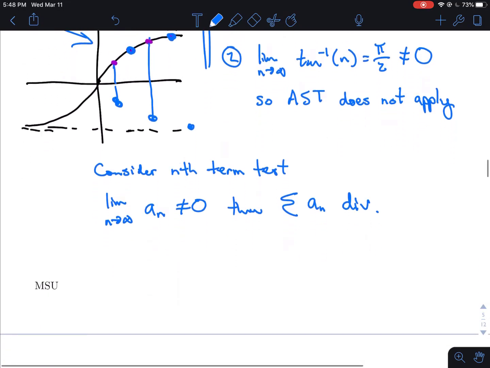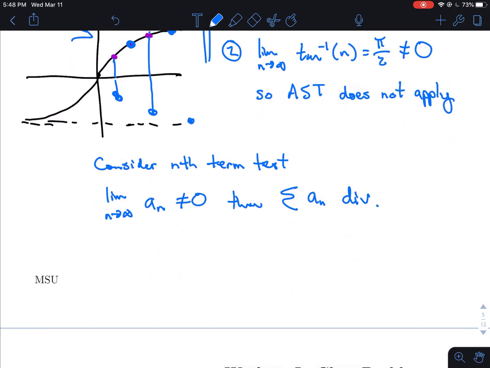If you were to look at just the even n, the sequence gets close to pi over 2.